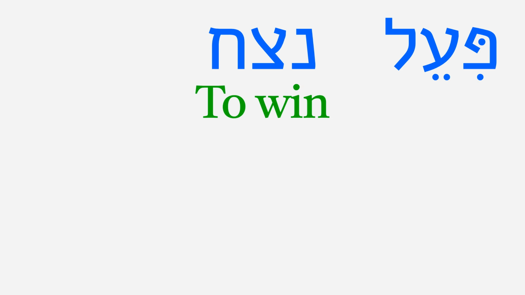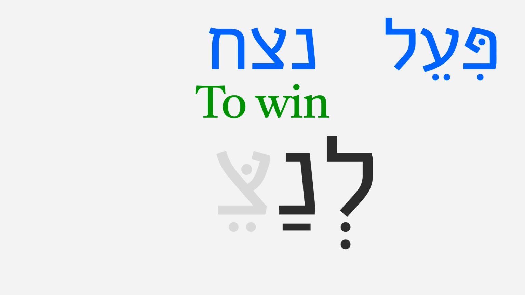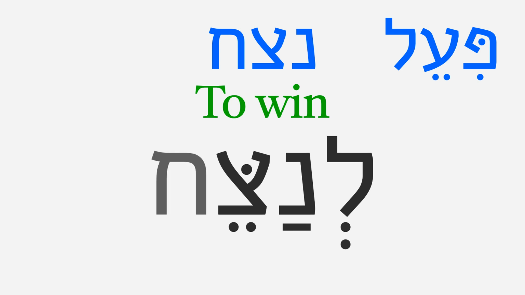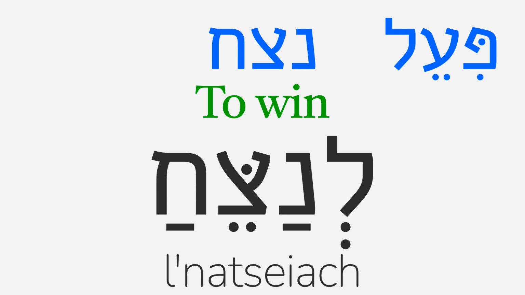We start as usual, lamed with shva, the nun with a patach, and the tsadi with a tzere, and a dagesh if you're using the dagesh for grammatical purposes. Then we'll end with the third root letter chet. To make the vowel before this chet at the end of a word an a vowel, we put a patach under the chet, which makes it sound like ach. That makes lenatseach, to win.